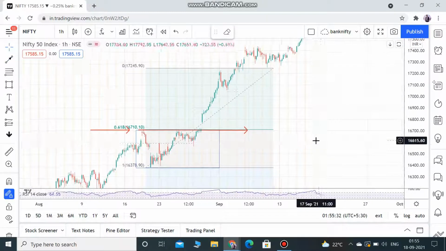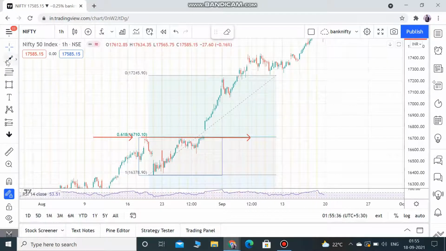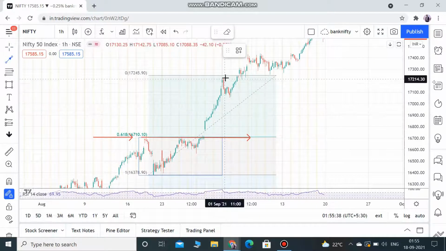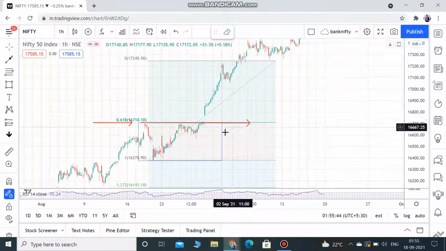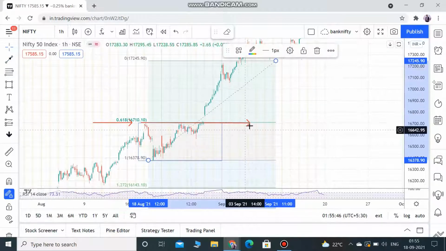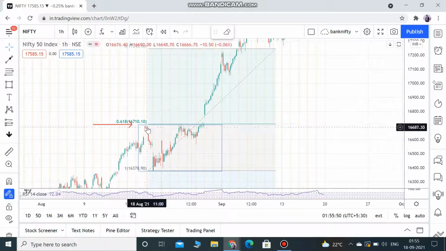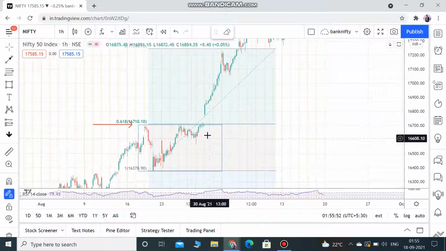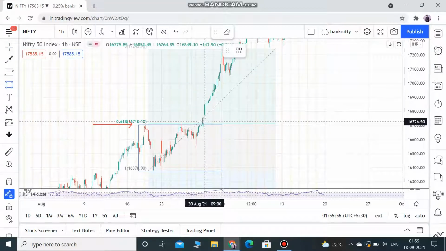You might question me that it has not reached particularly. Yes, it will not, and I'll tell you the reason behind this. If you consider this as your 61 Fibonacci, the journey or the consolidation is from this particular candle.